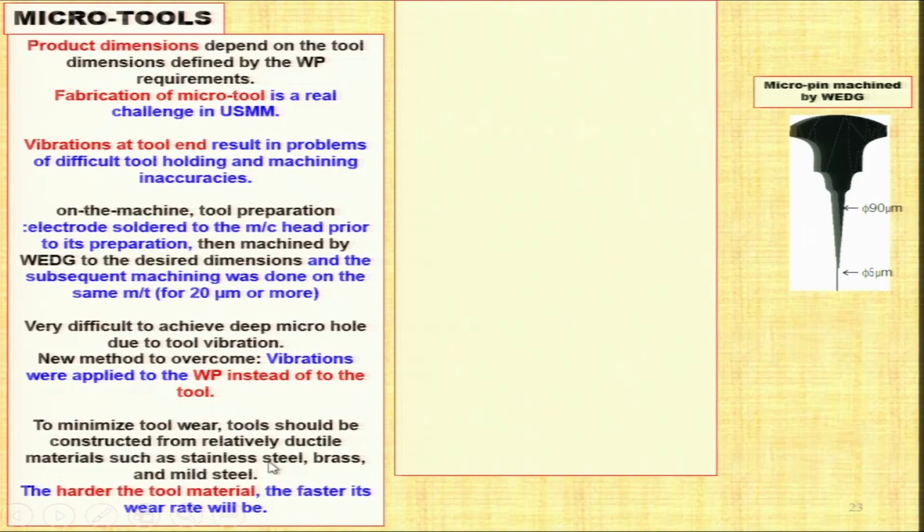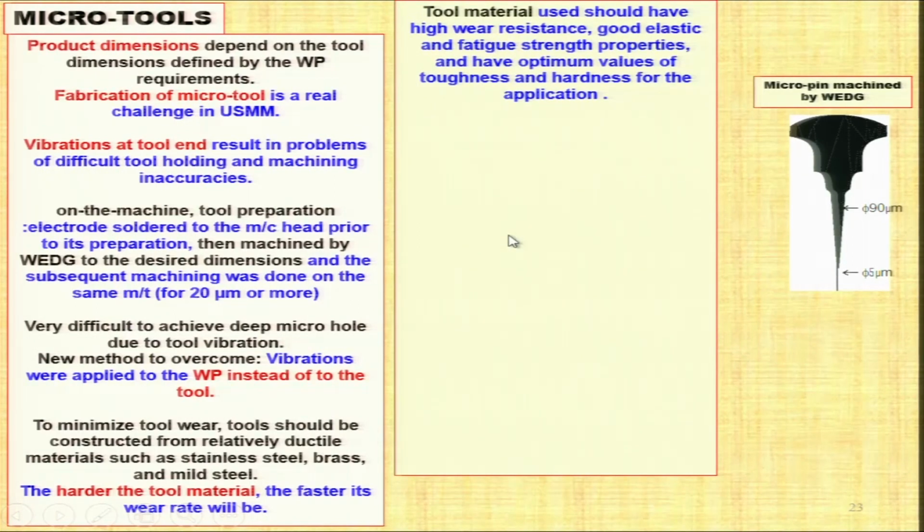This is very important to note. The harder the tool material, the faster its wear will take place. Tool material used should have high wear resistance, good elastic and fatigue strength properties, and have optimum values of toughness and hardness for the application.